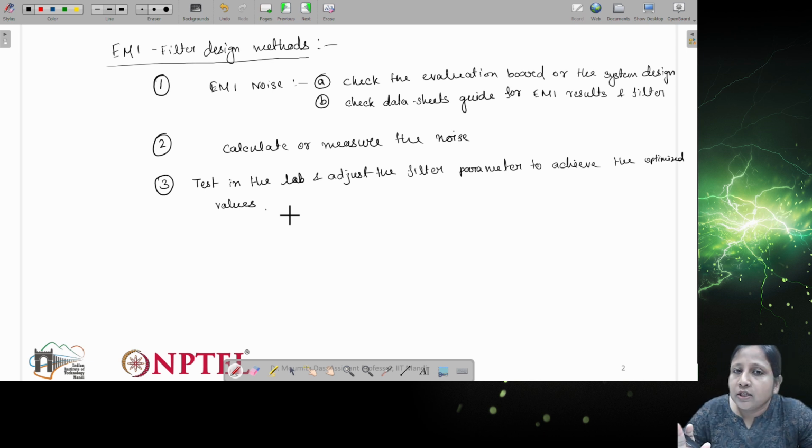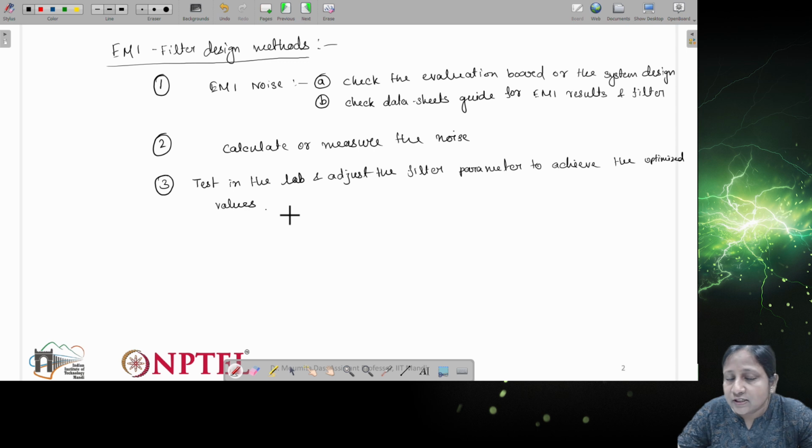Now if we consider the designing of this filter, today I am going to focus mainly on the common mode noises. So how to mitigate these common mode noises and what are the different types of filter we can consider, that part will come next. But what is the general structure of this EMI filter?